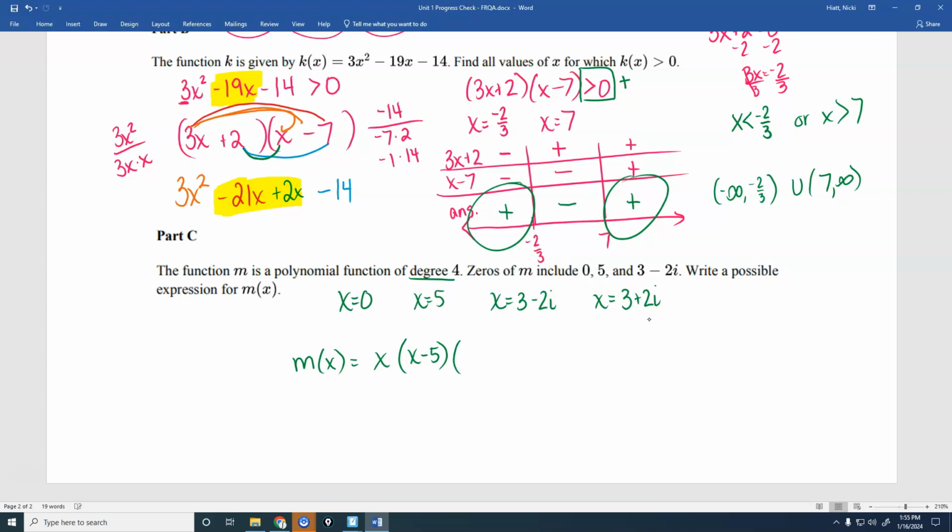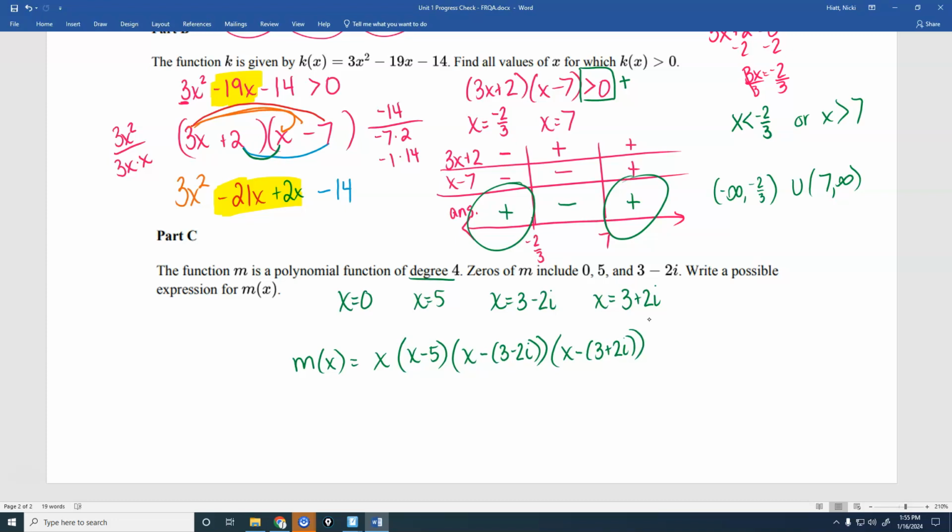So if I've got 3 minus 2i, I'm going to have x minus (3 minus 2i). And for 3 plus 2i, I'm going to have x minus (3 plus 2i). Notice that I put an extra set of parentheses there because you're subtracting that whole thing.